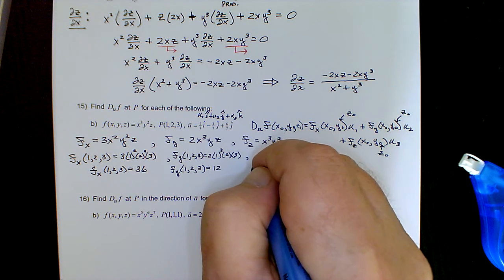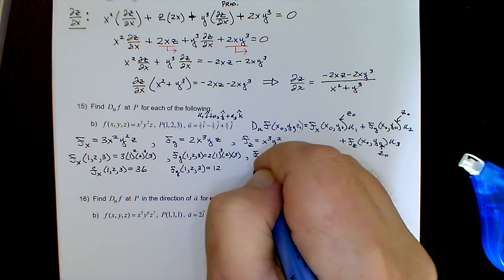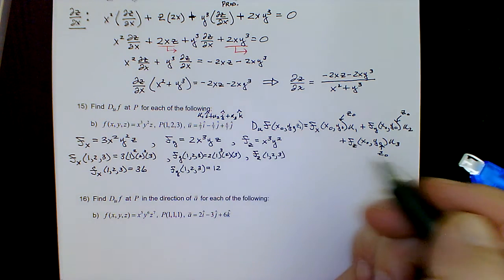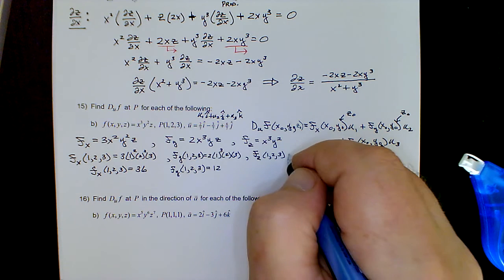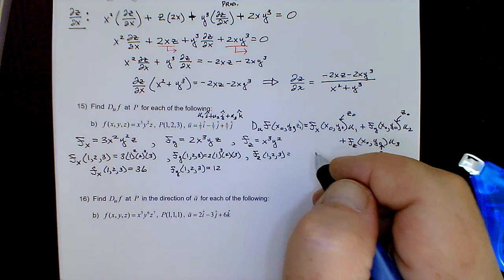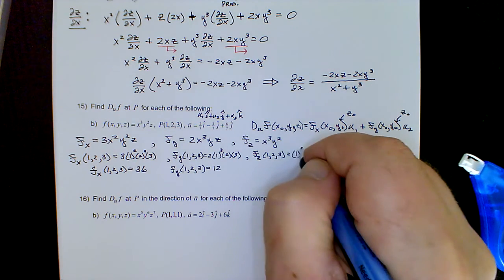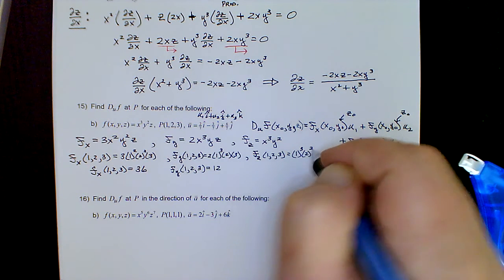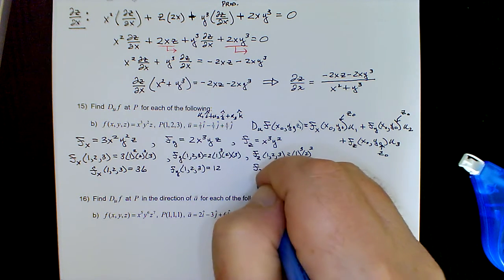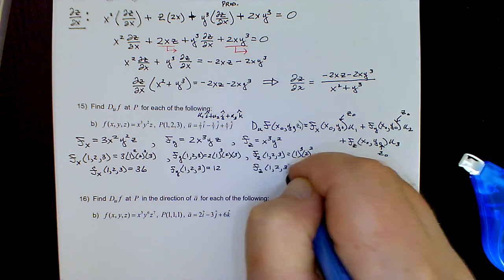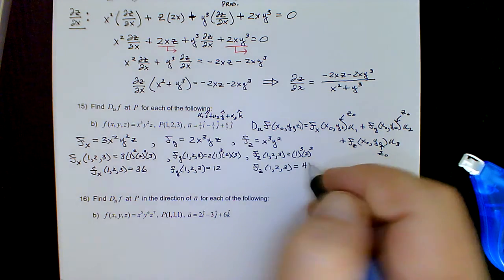And then f sub z evaluated at the point 1, 2, 3: x is 1 cubed, y is 2 squared, so f sub z at the point 1, 2, 3 is just 4.